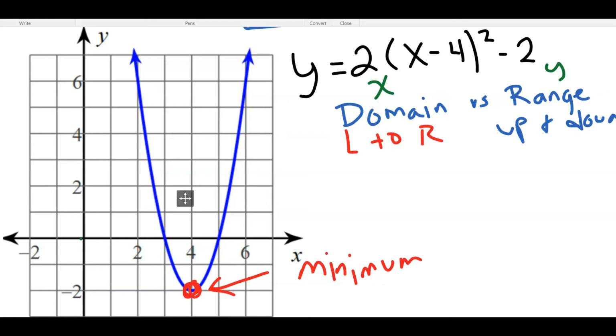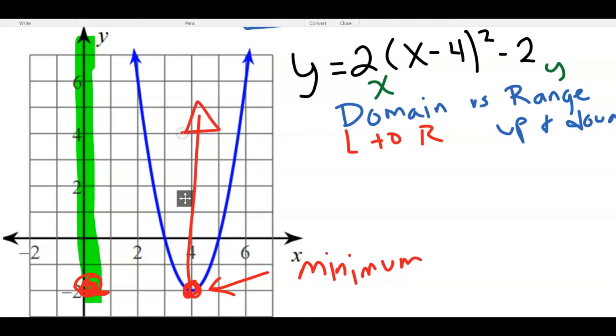And when we're talking about range, it's always the y-axis, up and down. It goes up forever, but it only goes down to -2. It actually stops right here at -2. But if you're looking at this parabola, it goes up. Those arrows show that it's going up forever. So when we're talking about range, up is always going to be positive infinity.